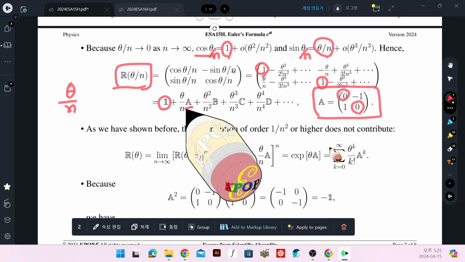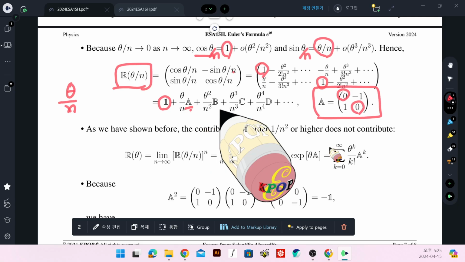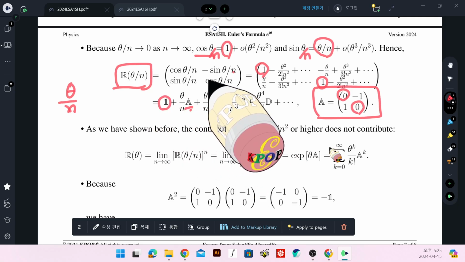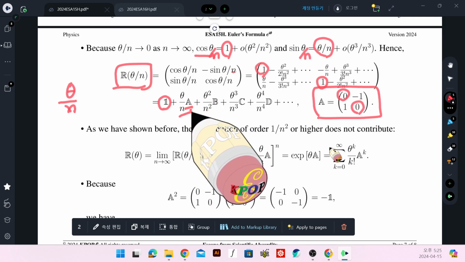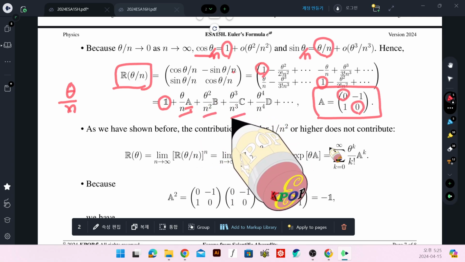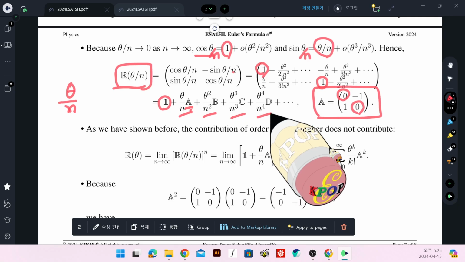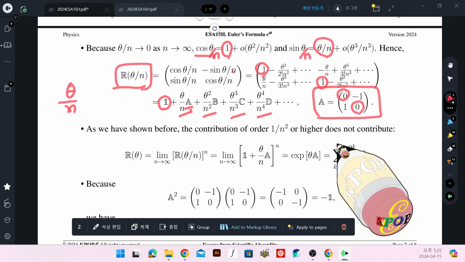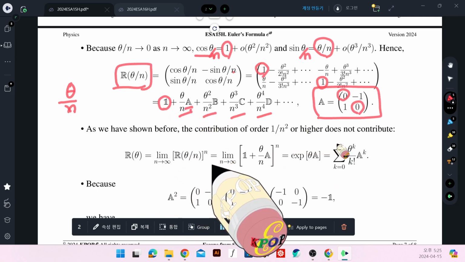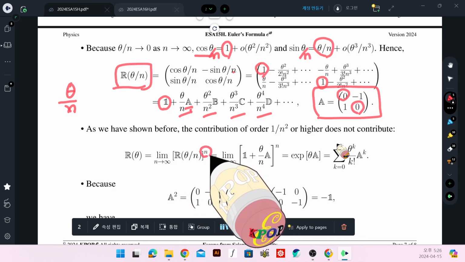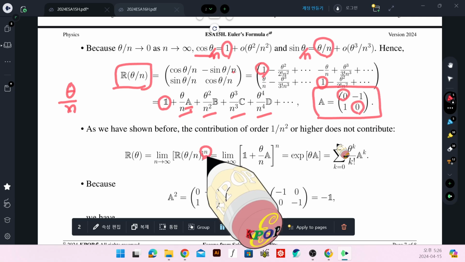In a similar manner, we can separate the leading contribution from the next to the leading contribution in this form. We have an additional power of this.